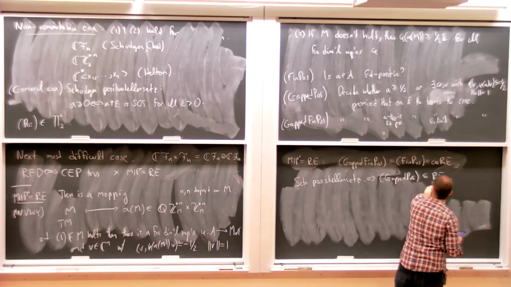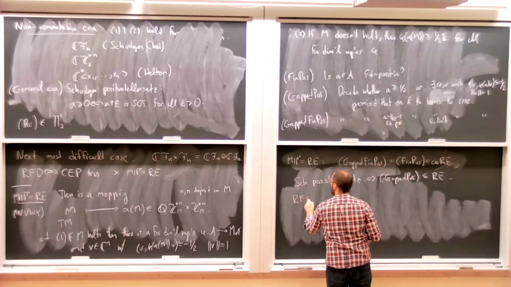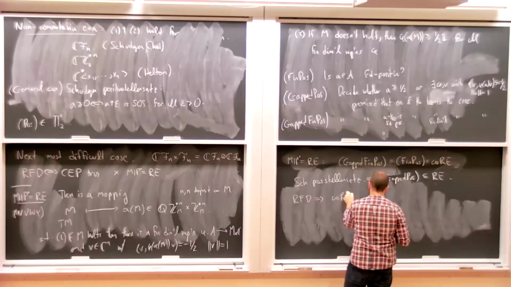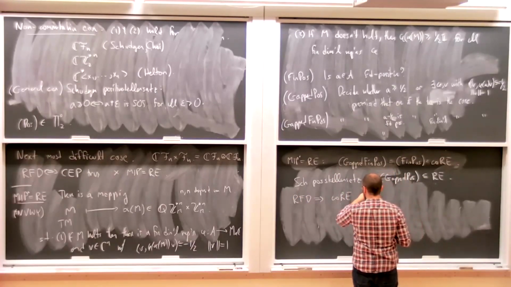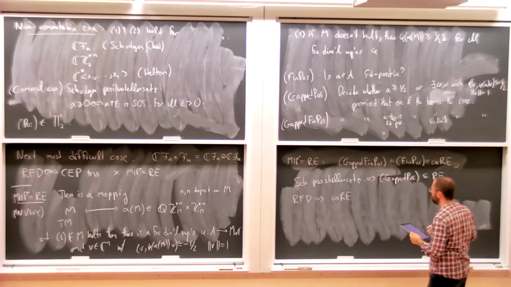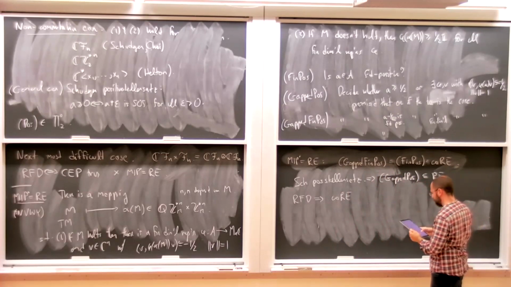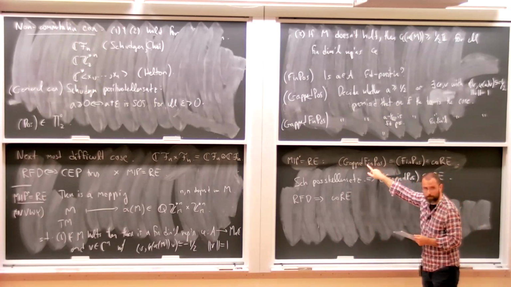This is in RE. And then if you think about what, if our algebra was RFD, that would imply that co-RE is... so RFD, we said, means that... let's see, what would happen if we had RFD? We would have these two being the same.